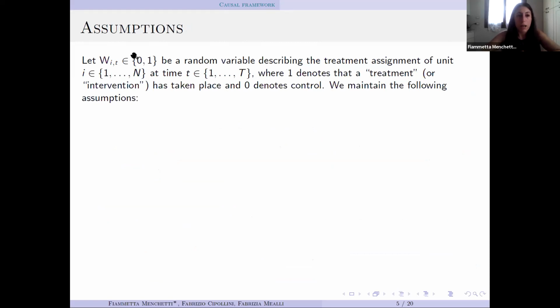Let me define with W_it the random variable describing the treatment assignment of unit i at time t, where 1, as usual, denotes the active treatment and 0 denotes control. We will maintain the following assumptions.